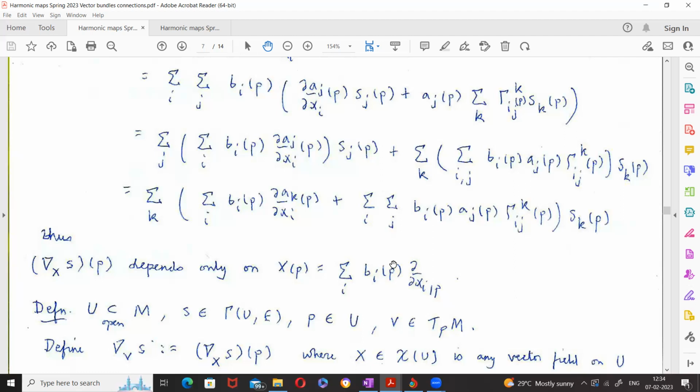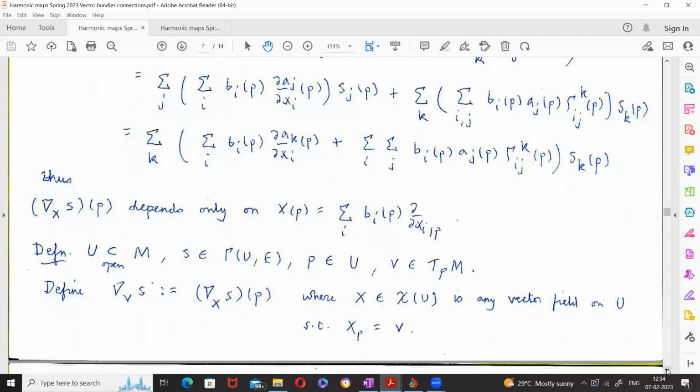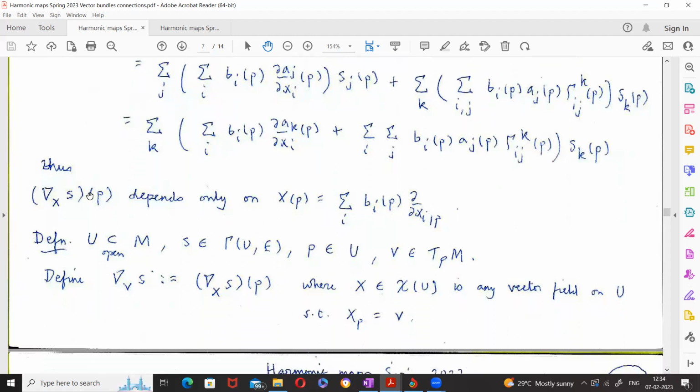Okay. Yes? Yes, sir. Okay. So therefore, in the first variable, we can localize the connection to a point. In other words, this vector field x, I can actually replace by a tangent vector. Right?